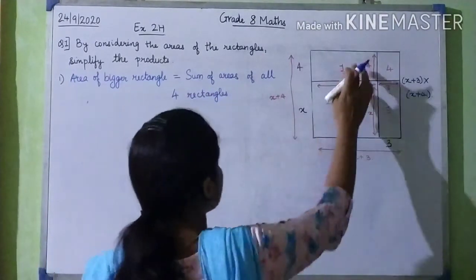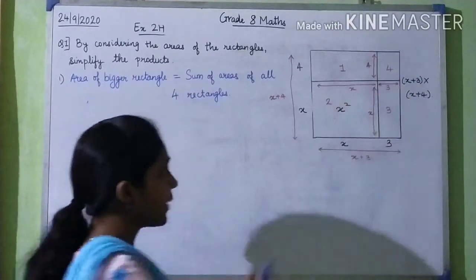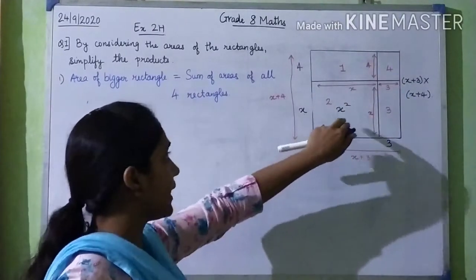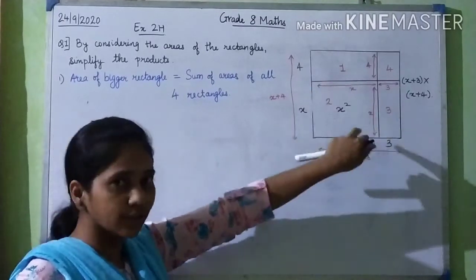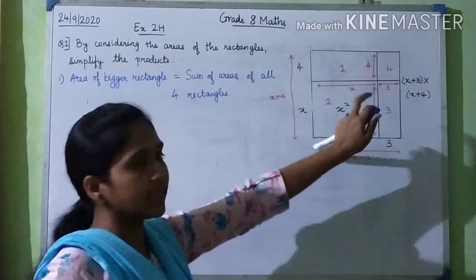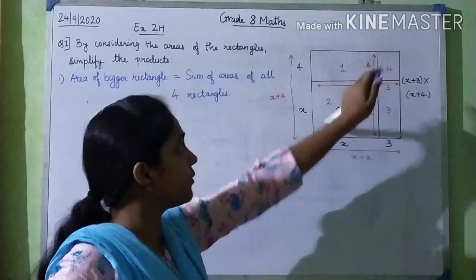Which 4 rectangles? 1, 2, 3 and 4. This is a square, but for now we will call it a rectangle. This is also a figure, so we will call it a rectangle. So 1, 2, 3, 4.